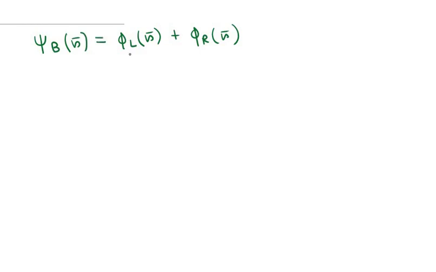So we can write this normalization constant over here. I think it should be 1 by root 2, but I am not sure, so I am writing it as 1 by z, where z is the normalization constant.